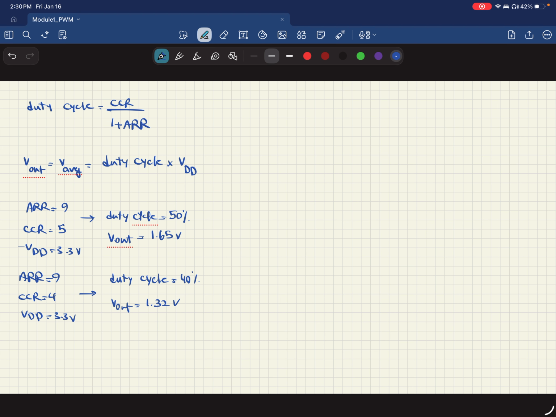Now the question is, would I be able to achieve something in the middle here, would I be able to get a duty cycle of 45% or a V output of 1.78 volt?